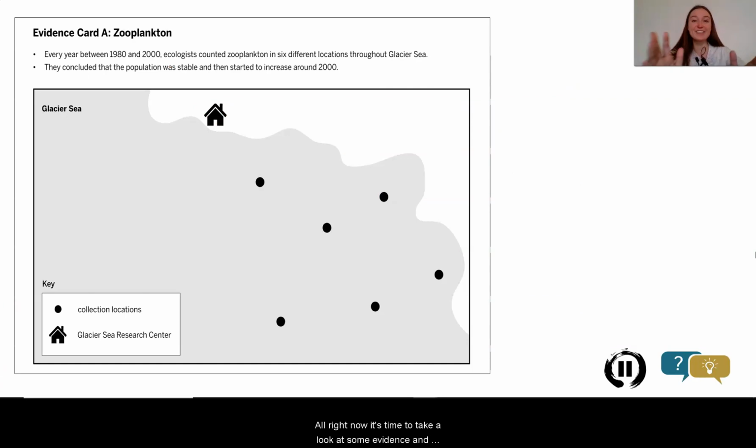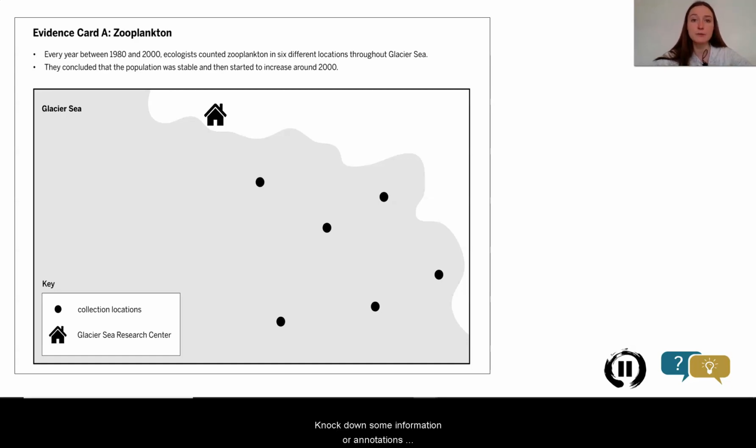All right, now it's time to take a look at some evidence and put all our understanding and learning to work here. We have 3 pieces of evidence about the zooplankton populations and the sea turtle populations. If you would like, I would encourage you to pause the video on each evidence card.